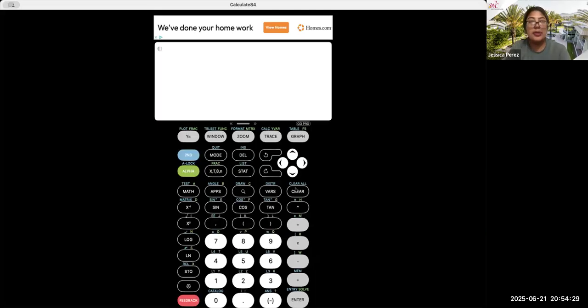So it's going to be 6.1 raised to the 8, close parentheses, and then I'm going to do times, open parentheses, e raised to the open parentheses, negative 6.1, close parentheses, and then close the parentheses again.